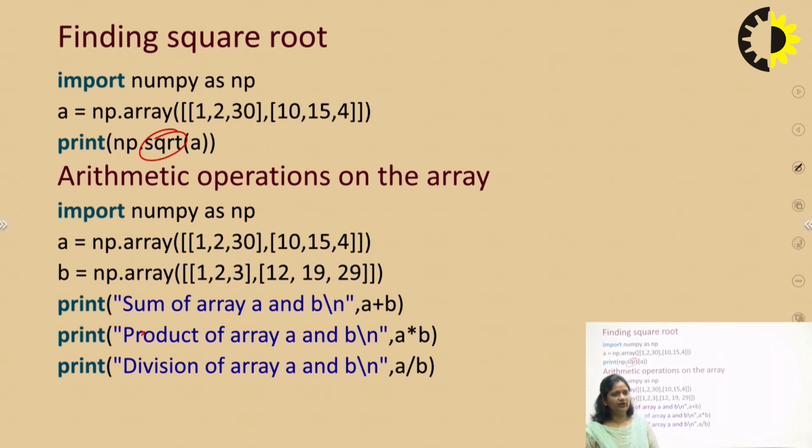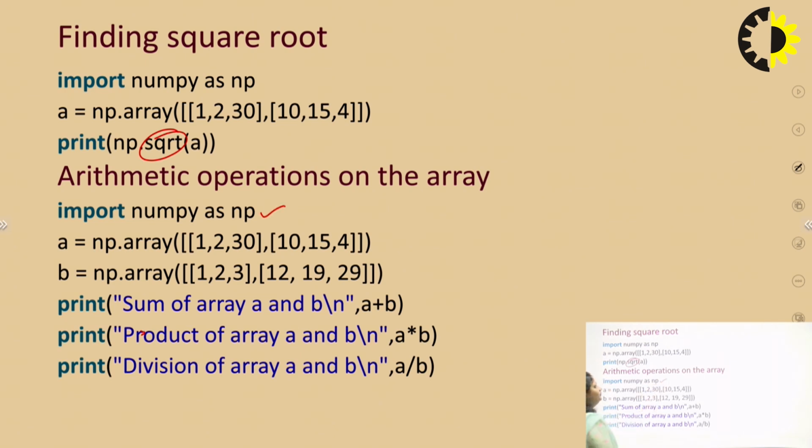Then we create a list or an n-dimensional array object. We are going to use two arrays, for example A and B, and then find the summation, subtraction, product and division on the array elements.